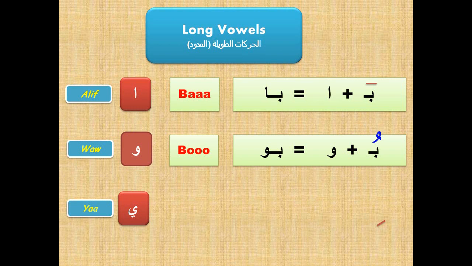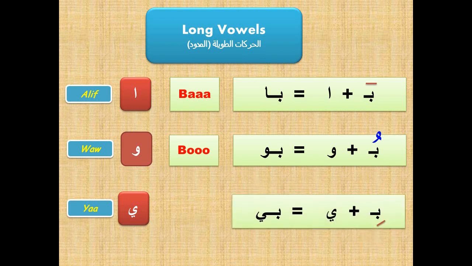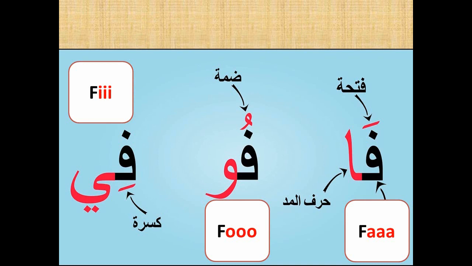All right, the following, B plus ya, we say bee. So here again, we have B plus 3 E's, or 3 I's, in order to show that we should pronounce it like this. Bee, sorry, this is I. Normally, I should write E instead of I. Bee. All right. Here we have another example. Look at the letter Tha.